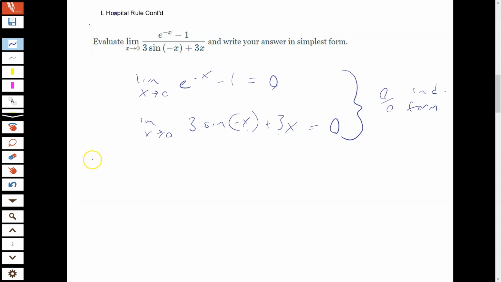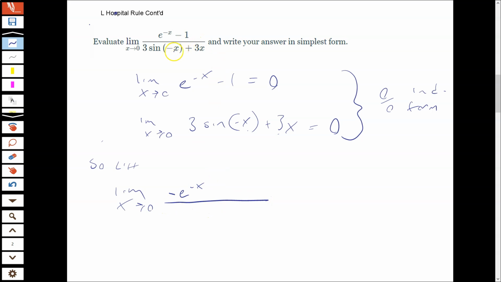So we're going to use L'Hopital. My original limit is going to be equal to the limit, as x approaches 0, of the derivative of the numerator over the derivative of the denominator. So the derivative of e to the negative x is negative e to the negative x by chain rule, right?